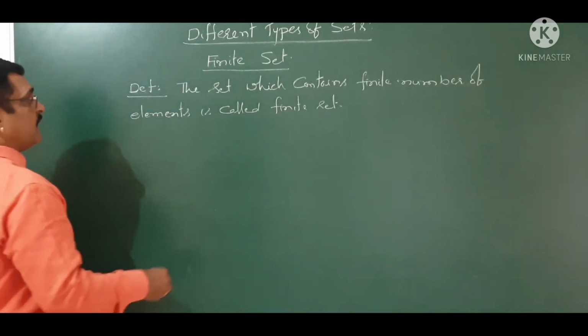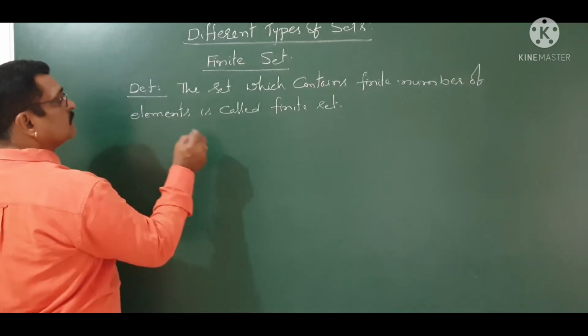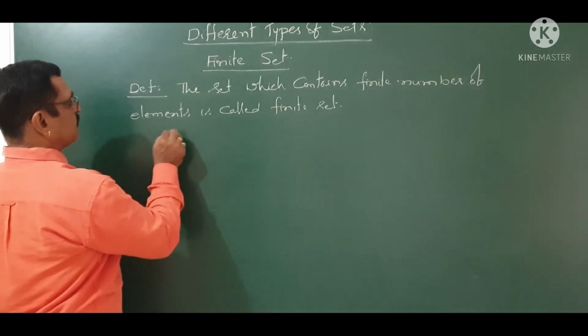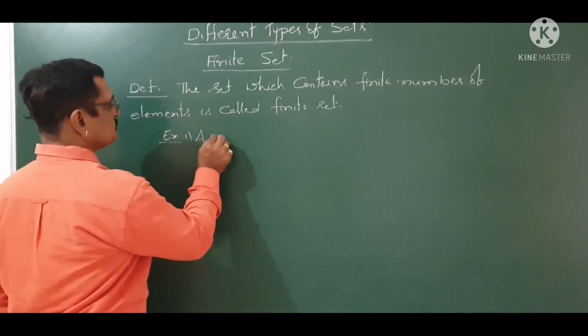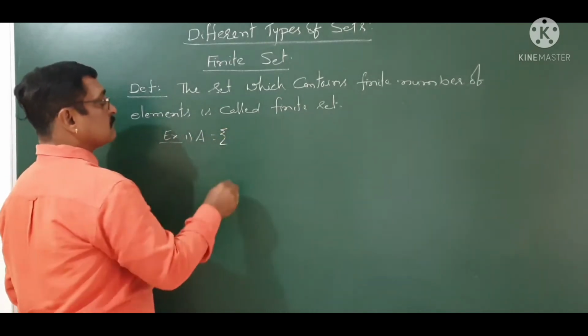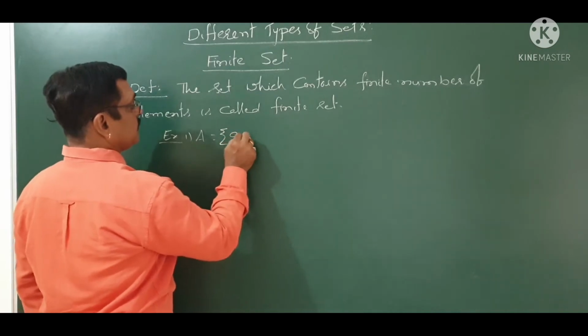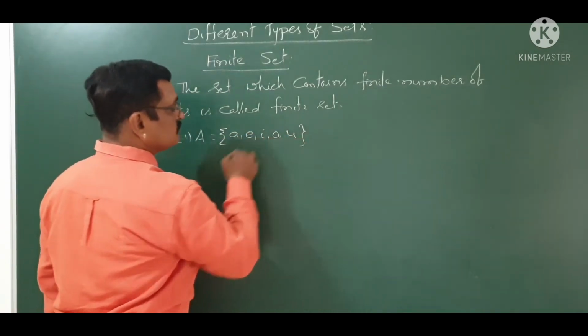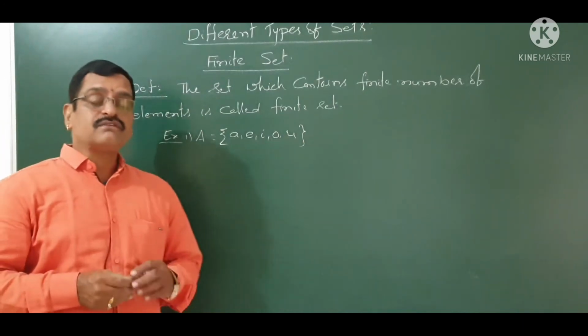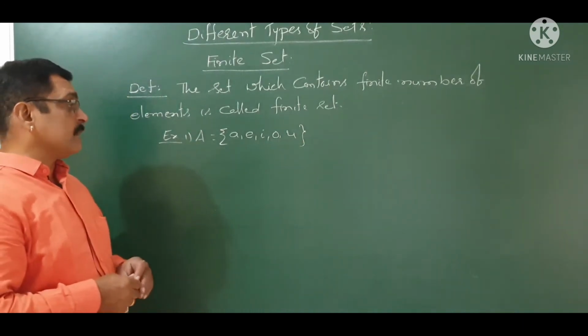For example, let A be the set containing a, e, i, o, u, the vowels of the English alphabet.